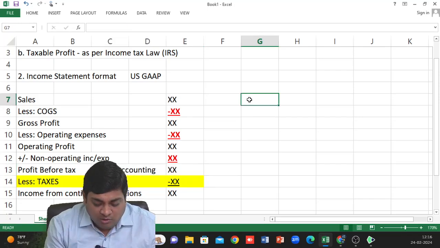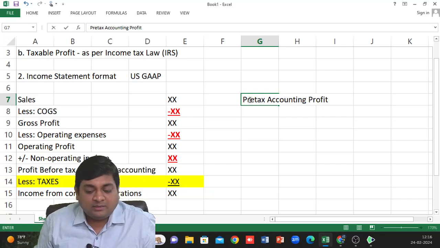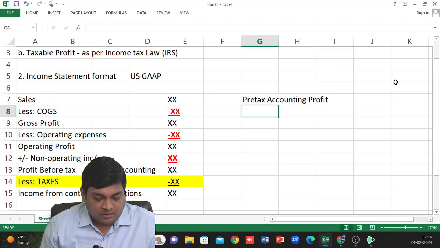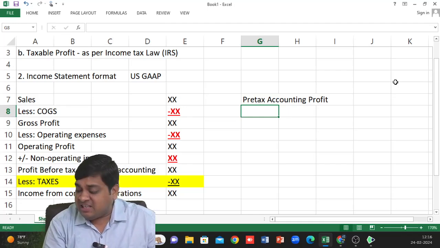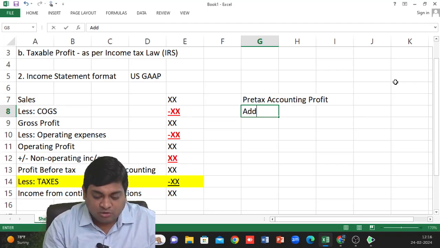So usually what will I do? I will start with pre-tax accounting profit. There are some expenses which will never be considered in income tax law, so I will add back those expenses.